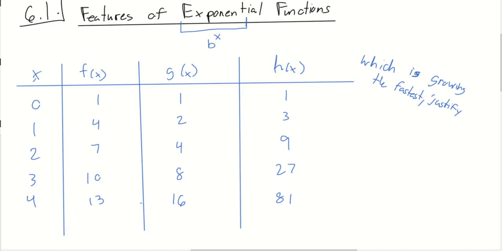Which one do you think, Quinzel? What's happening in f of x? If I go from 1 to 4, what am I doing? 4 to 7? How many? 7 to 10?